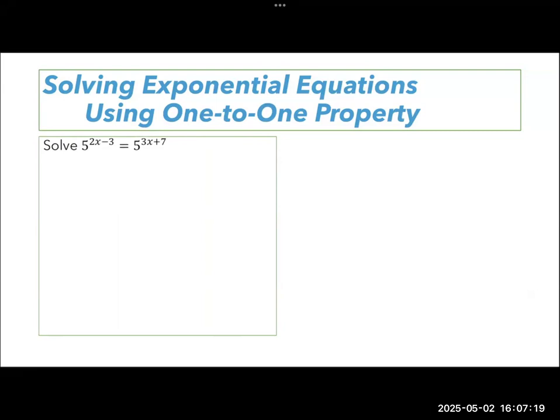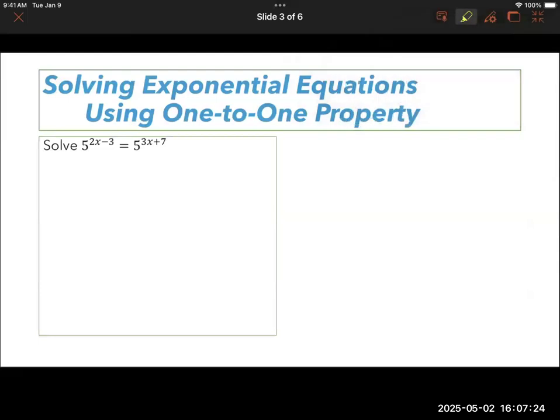If you have something like this, where you can see we already have the same base of 5 on both sides, then we can very simply say that this power of 2x minus 3 has to equal this power of 3x plus 7. And now instead of trying to actually solve an exponential equation, we're really just solving a linear equation. But again, this only works if the bases are the same.